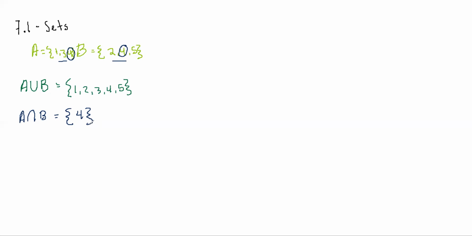We also talked about the complement of a set. For instance, A with a bar on top is going to be everything that's not in A. So let's say that this space is equal to {1, 2, 3, 4, 5}.